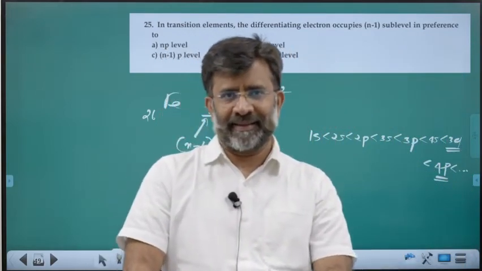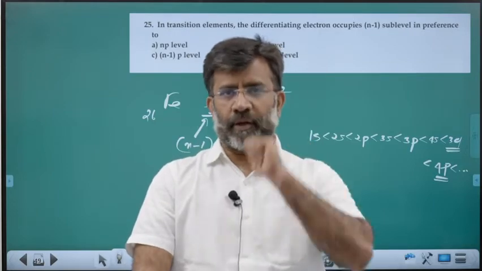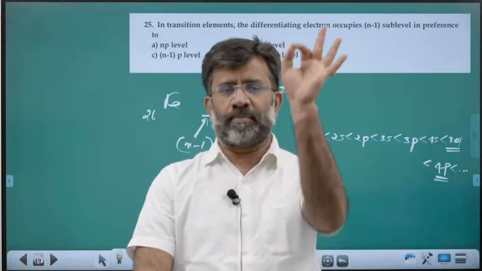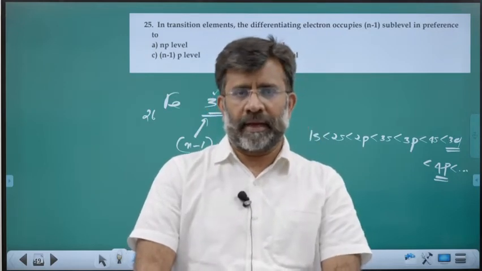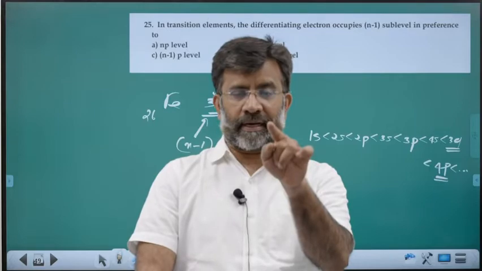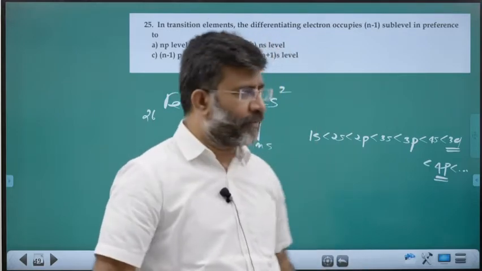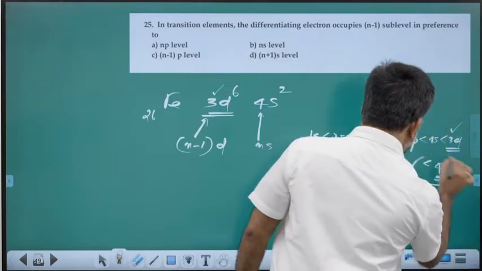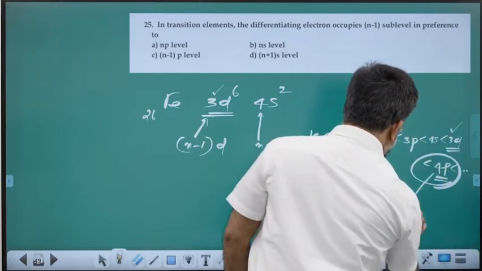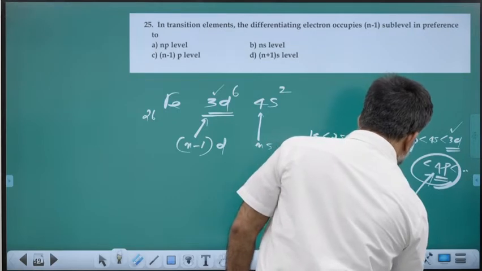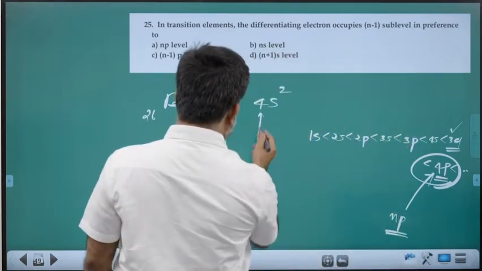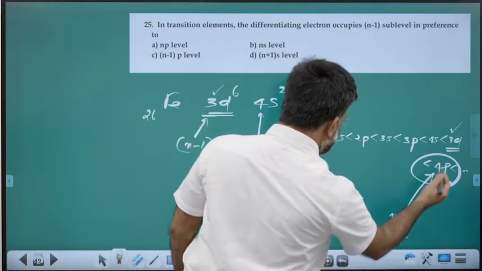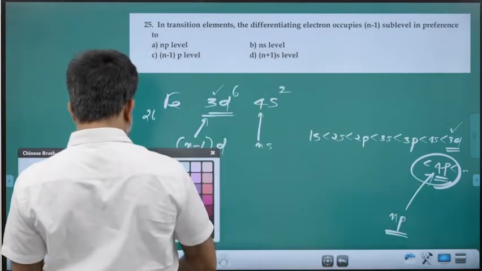3d, that is 3 plus 2, n plus l value 5. 4p, 4 plus 1, 5. Both have the same n plus l value, and the priority goes to the one with the lower n value, which has lower energy. So this is filled in preference to 4p. 4p means np, where n is equal to 4 and n-1 is 3.